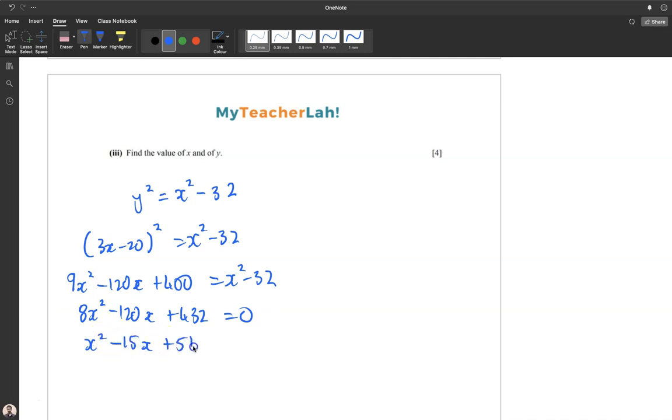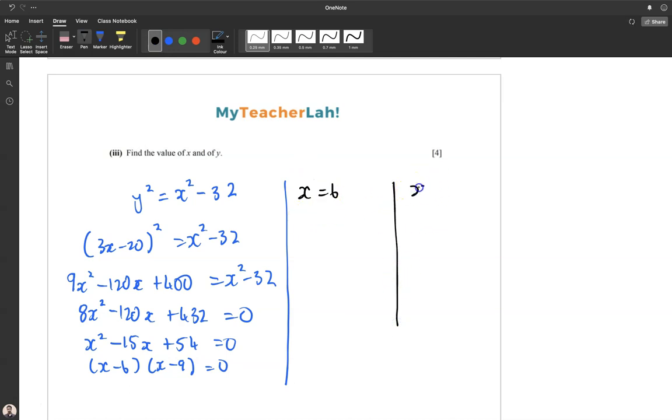Factorize, you get this. So we have x equals 6, and then we have x equals 9. Now earlier, I'm bringing this back, we had the y equation, 3x minus 20.